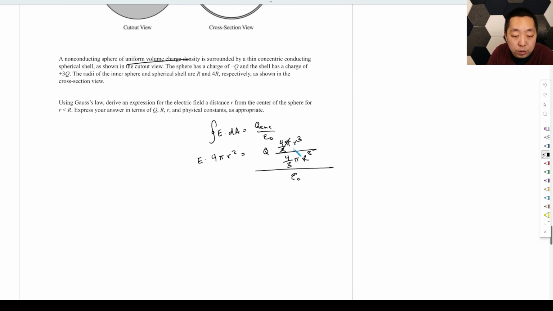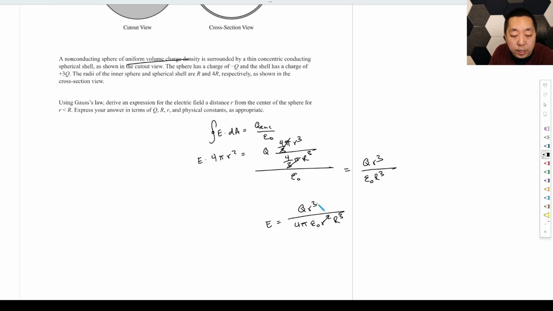Okay, so this 4/3 pi cancels. This ends up being Q r cubed. You can bring the big R down onto the denominator. And then we're just going to divide by 4 pi r squared. So the electric field is going to be Q r cubed over 4 pi epsilon naught r squared times big R cubed.